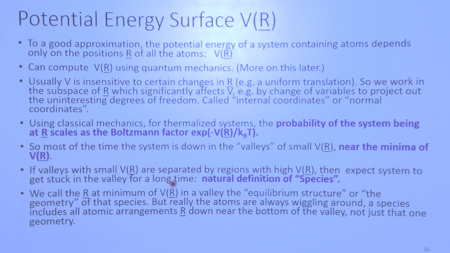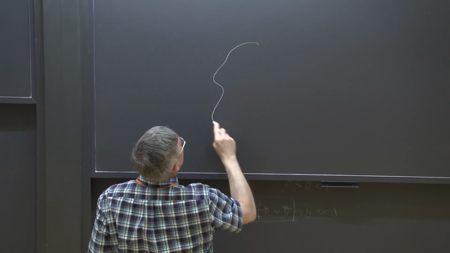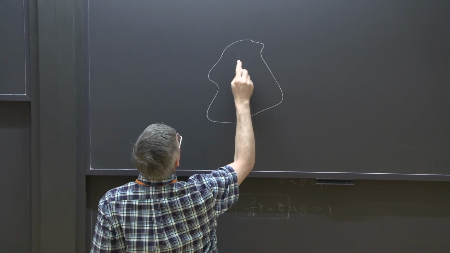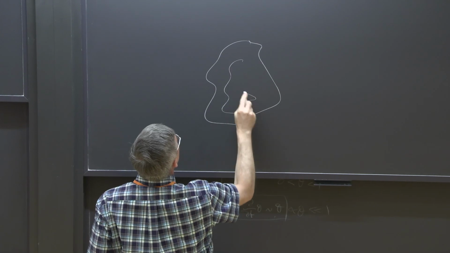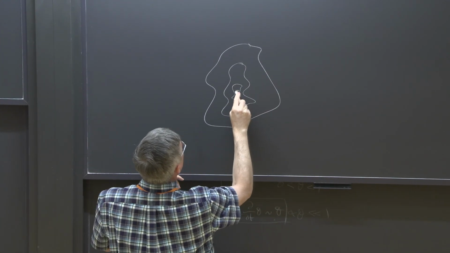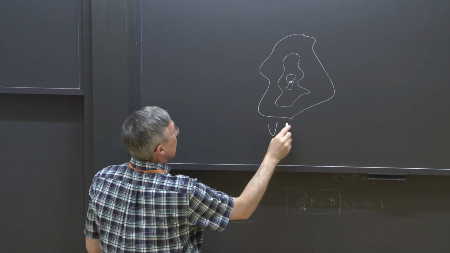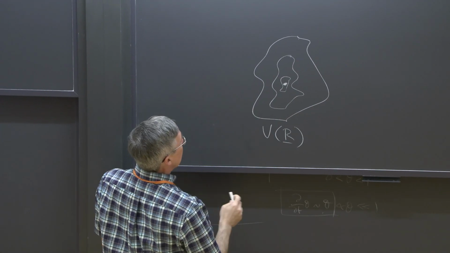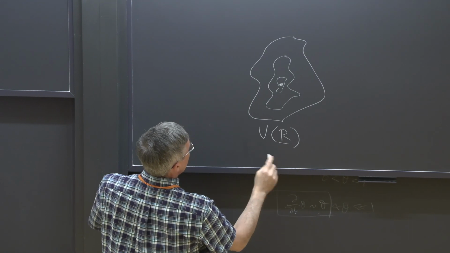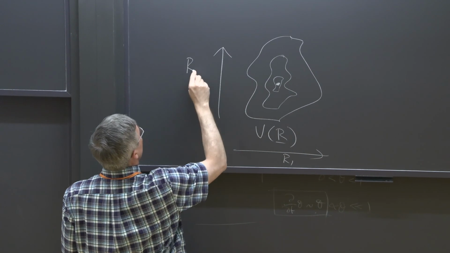Maybe find a piece of chalk. Yeah, so if I draw a contour plot, so this is down the valley. So this is the lowest V of R. This is V of R. And here I'm drawing it. And this is R1. This is R2.